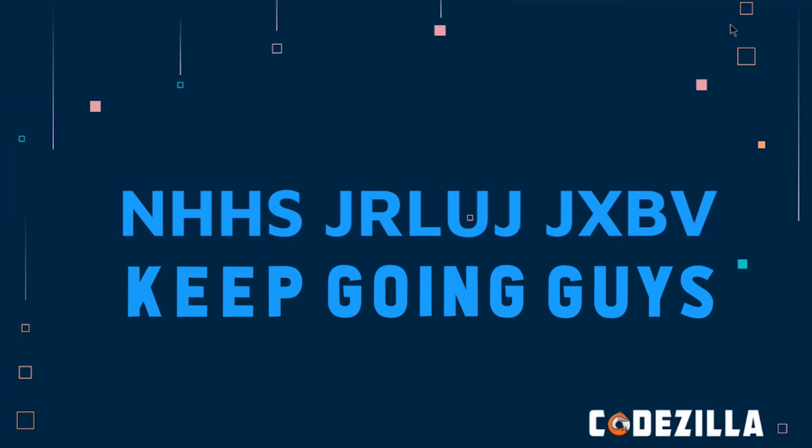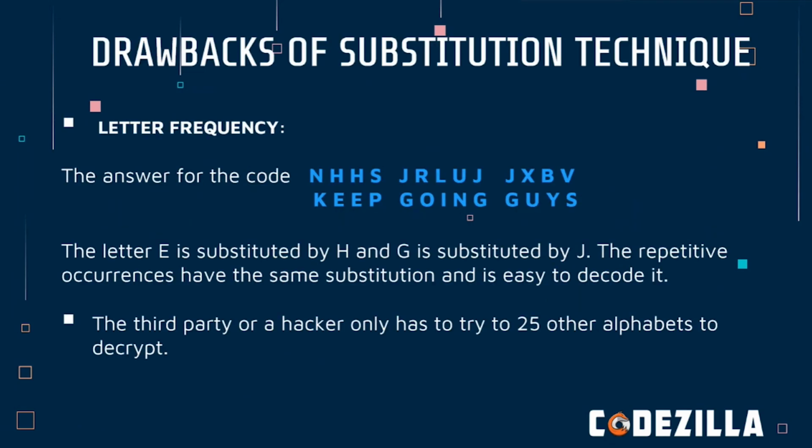Now moving on. Let's now discuss the drawbacks of substitution technique. The letter frequency in a word or a sentence is preserved. Let's take the code we just now broke as an example. We see the letter E is seen twice and the same goes for the letter G. So all the E's and G's are replaced with the same letter everywhere.